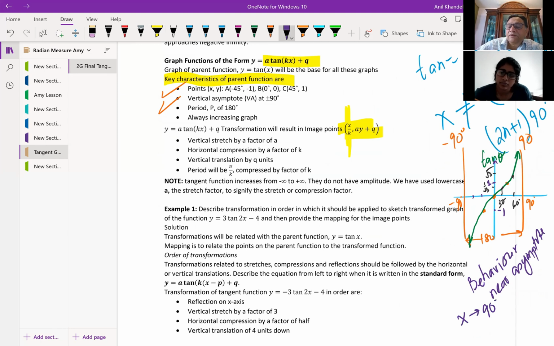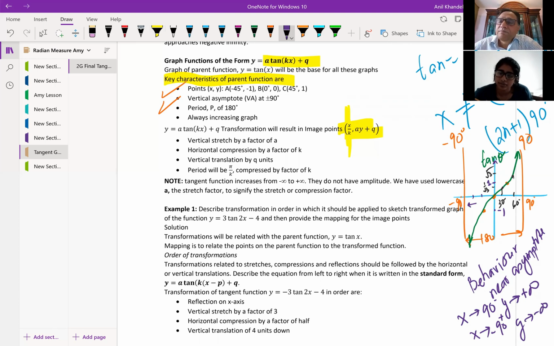Do you see 90 from the left side? In that case, y is approaching positive infinity. Very important, behavior near the asymptote. When x is approaching -90 from the right side, means plus, do you see that? We are approaching from this side, correct? Then the y value approaches negative infinity.